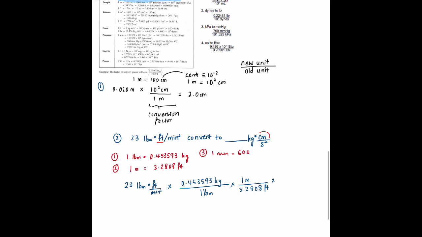So I would have to multiply this by the old unit first, the reason being so that it would cancel out. So I'll show how that works.